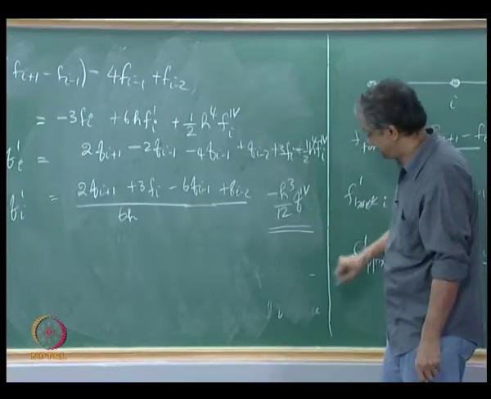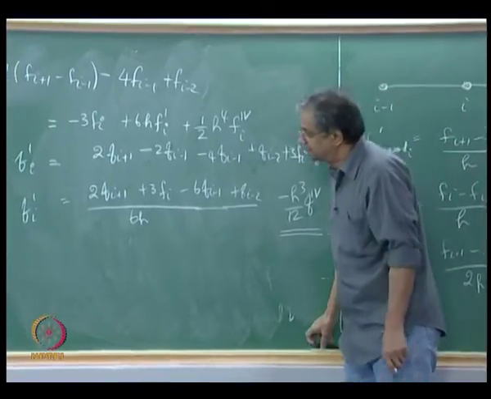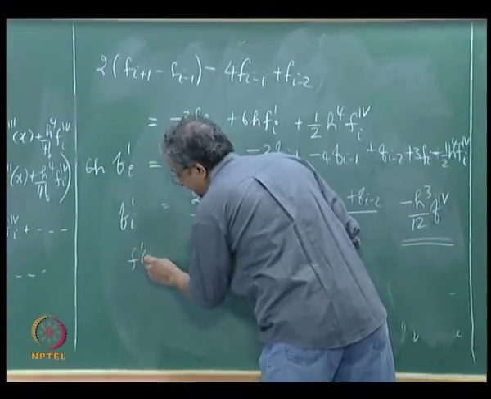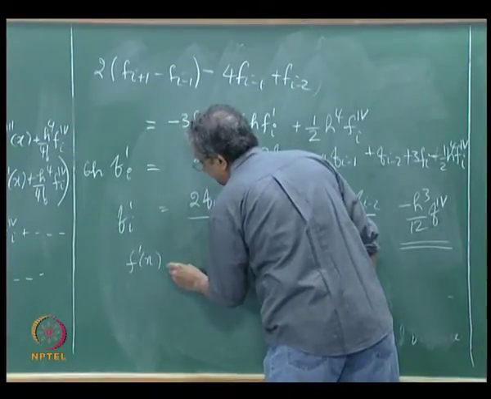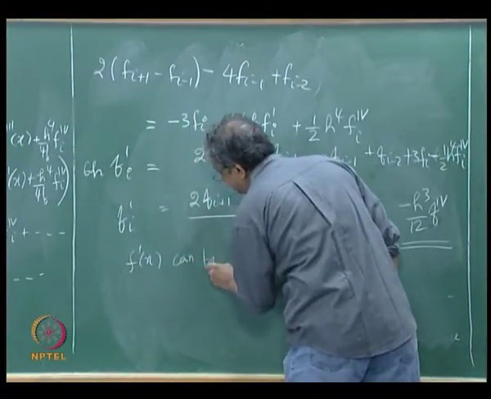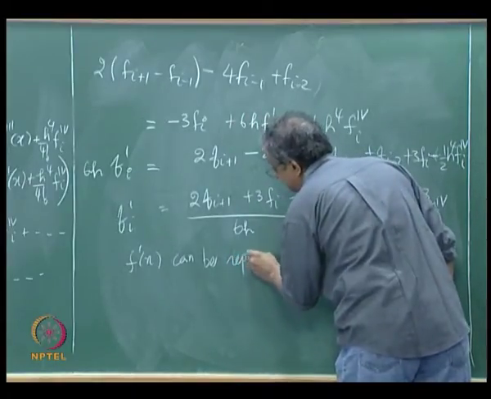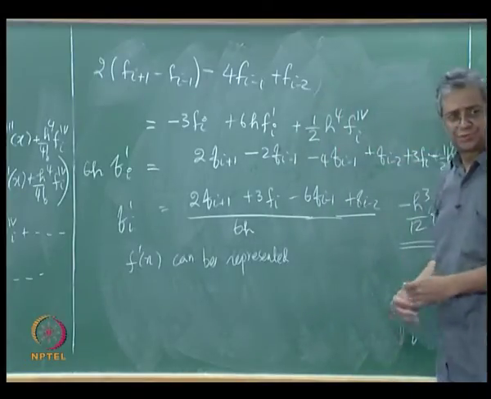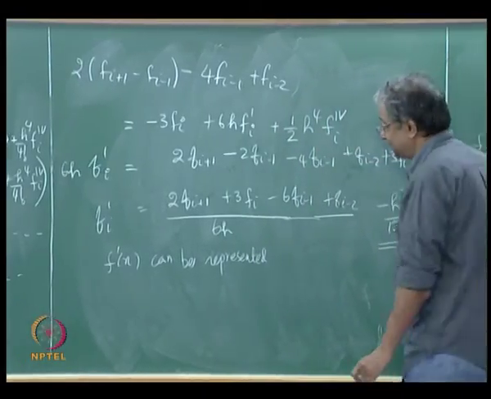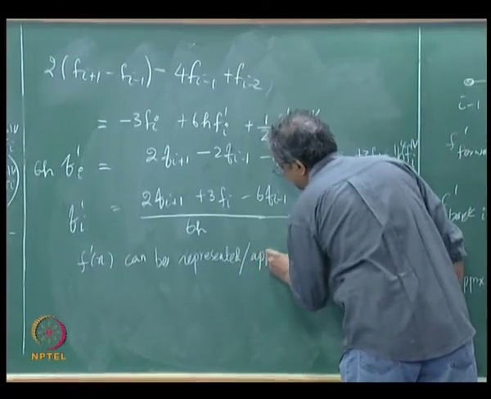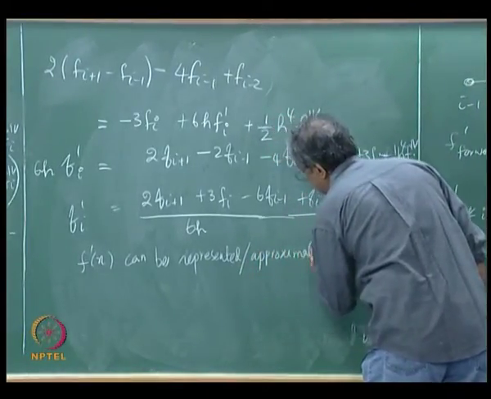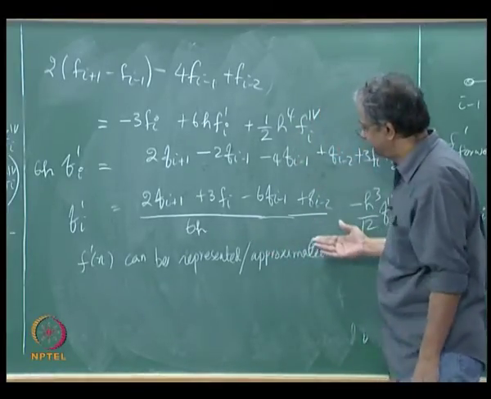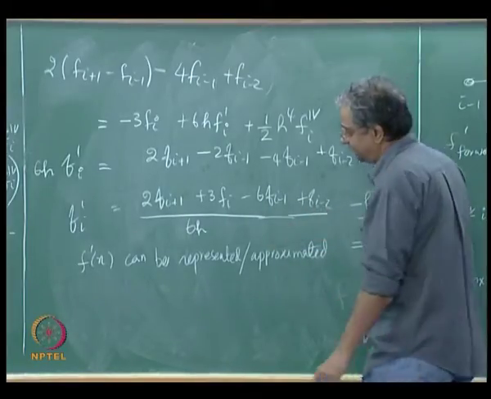Okay, right. So one thing is that the representation of f prime at x can be represented or approximated. I will slowly switch from representing on the computer to approximating on the computer, using the sample values at various grid points.